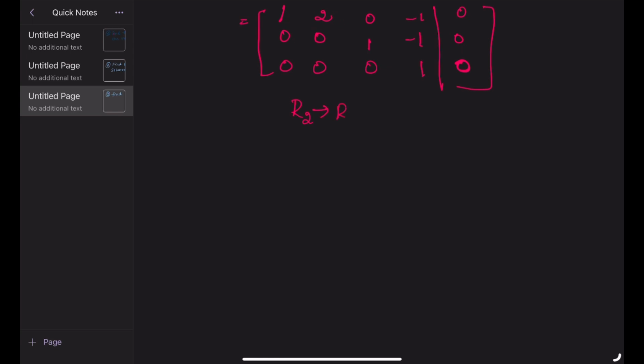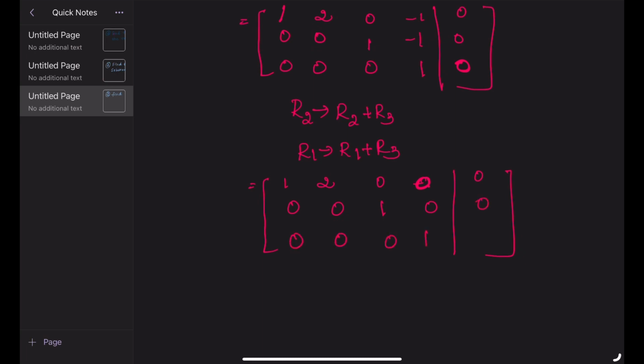The more reduced the form, the easier it is to solve. So I will apply row operations for row 2 and row 1. You'll get 1 2 0 -1. Sorry, it should be 0 here. So 0, then R2 will be 0 0 1 0 0, then 0 0 0 1 0.